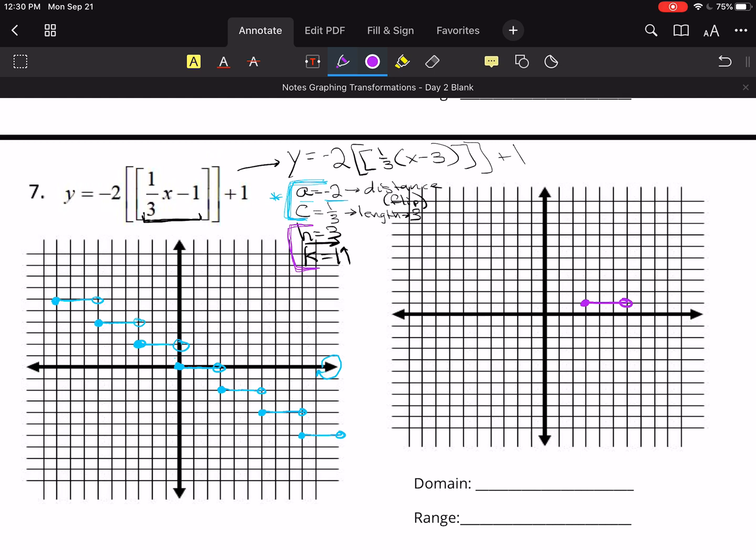Now, instead of doing that for every dot, I'm just going to kind of regraph it based on my A and C. So down 2, 1, 2, 3. Next one would be off the graph, so let's go the other way. Up 2, open dot, 1, 2, 3. Up 2, open dot, 1, 2, 3. Up 2, 1, 2, 3. Up 2, 1, 2, 3.